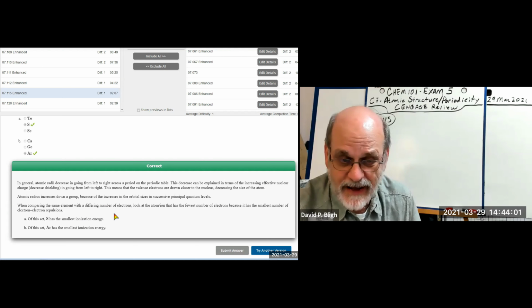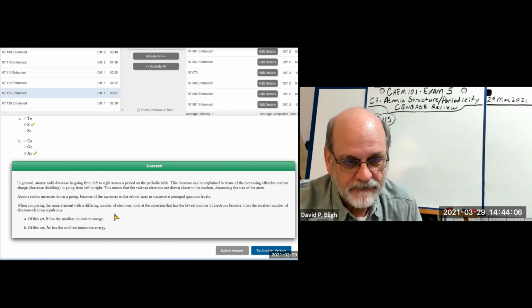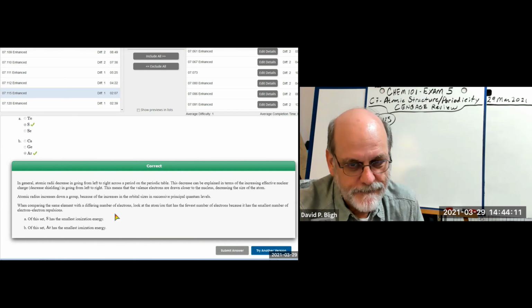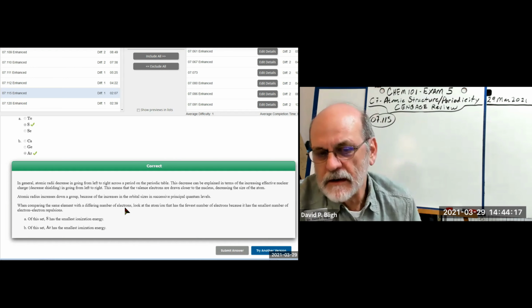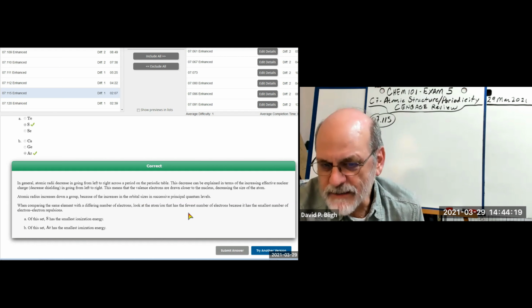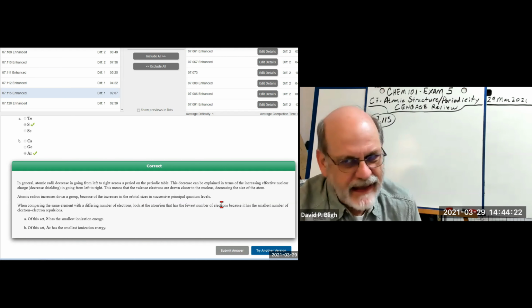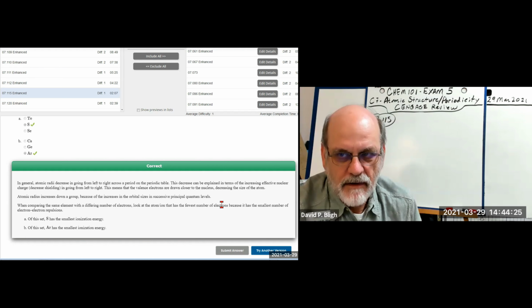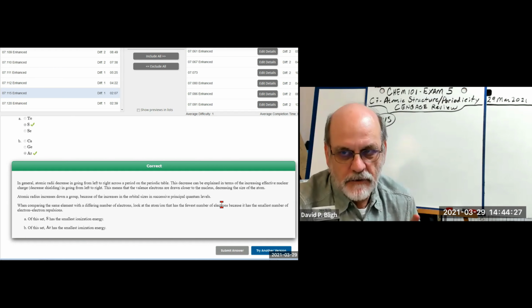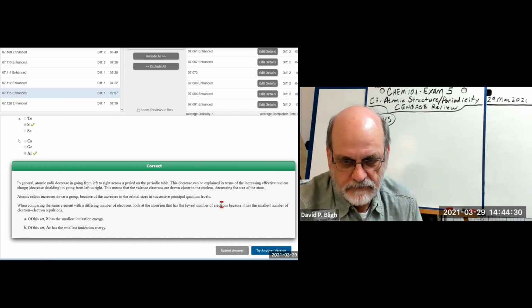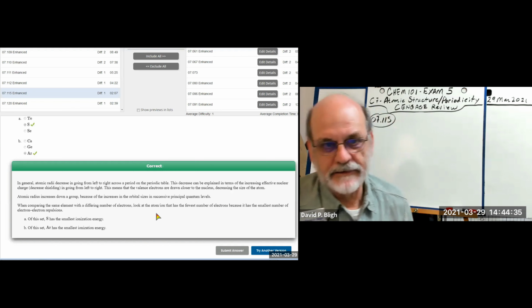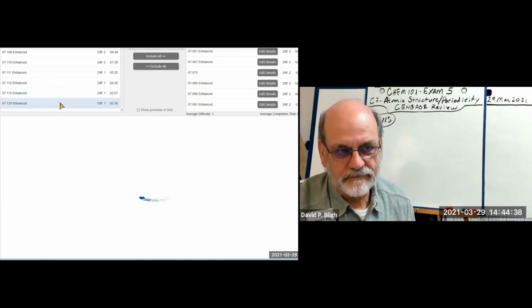My reasoning got me the right answer, but it's not the same reasoning that they were using. Now, what do they mean by the fewest number of electrons? They can't mean the total number of electrons. They must mean the fewest valence electrons. Okay, let's move on.